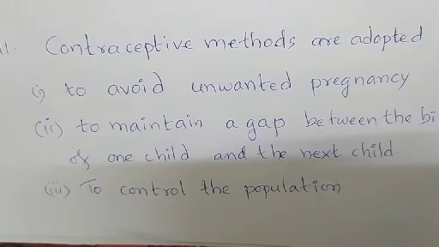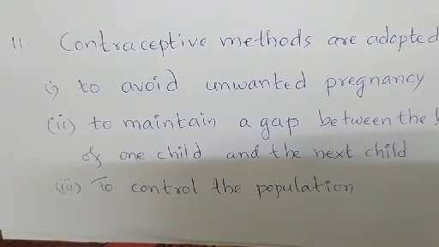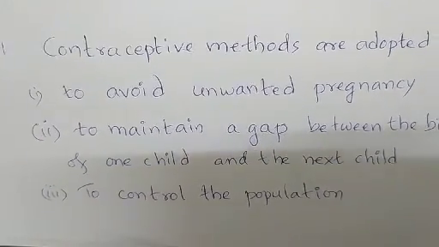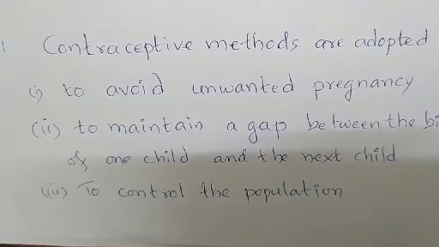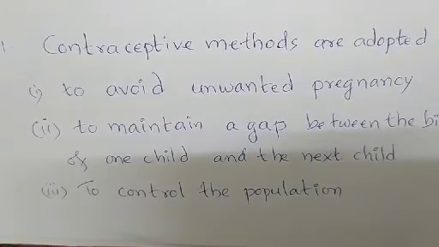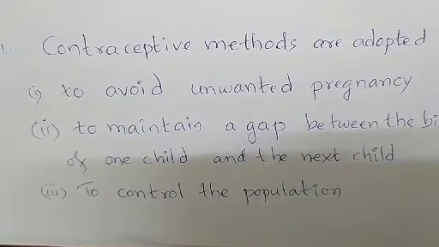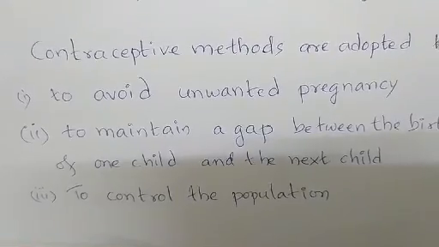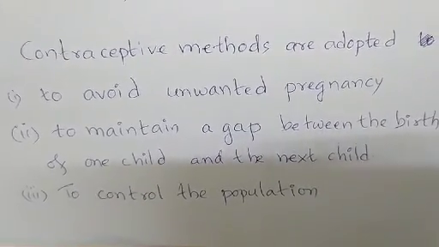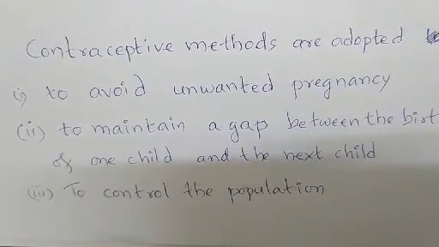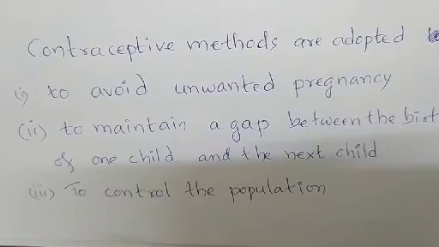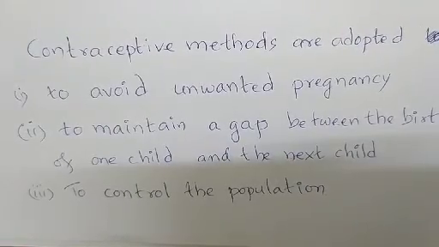What could be the reasons for adopting contraceptive methods? Contraceptive methods are adopted, we already have discussed, to avoid unwanted pregnancy, this is number one, to maintain a gap between the birth of one child and the next child, and to control population.